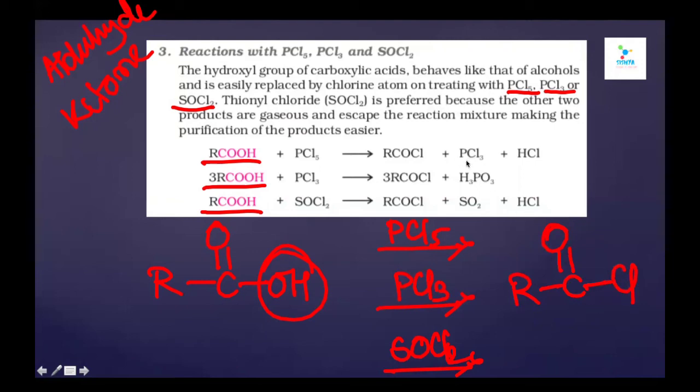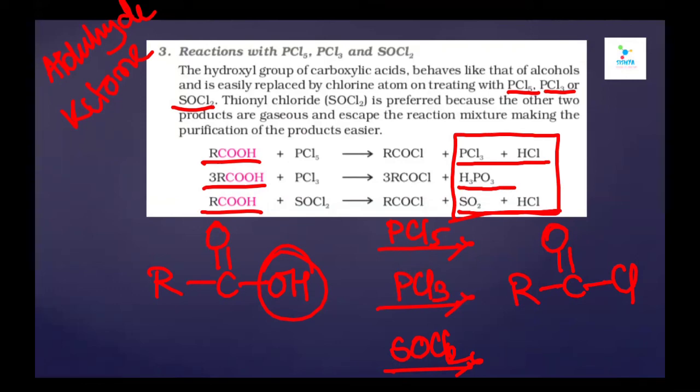The remaining products will be the same: with PCl5, POCl3 plus HCl; with PCl3, H3PO3; and with SOCl2, SO2 and HCl. That means the products remain the same as the earlier ones, except the first one. This will be discussed in detail in the later part, but presently just write it down as rough work for convenience, no need to put it in the main copy.